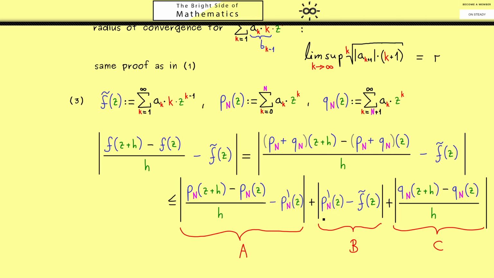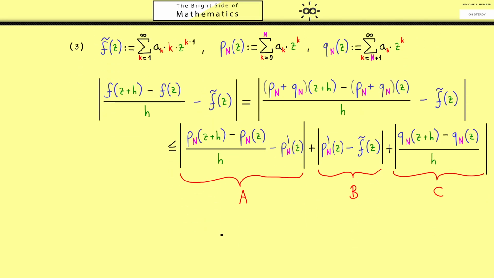This is simply because the uniform convergence implies the pointwise convergence we have here. Of course, in this case, the question remains what happens with the last part C here when N increases. If this one went bigger and bigger, it would not help us that the first two ones get smaller and smaller. Therefore, we have to analyze part C in detail.